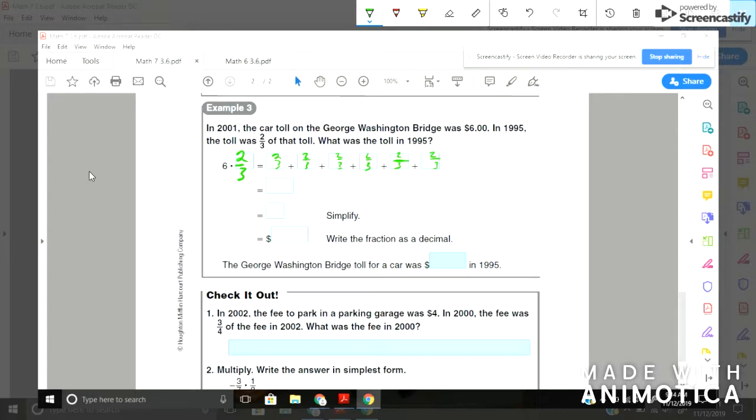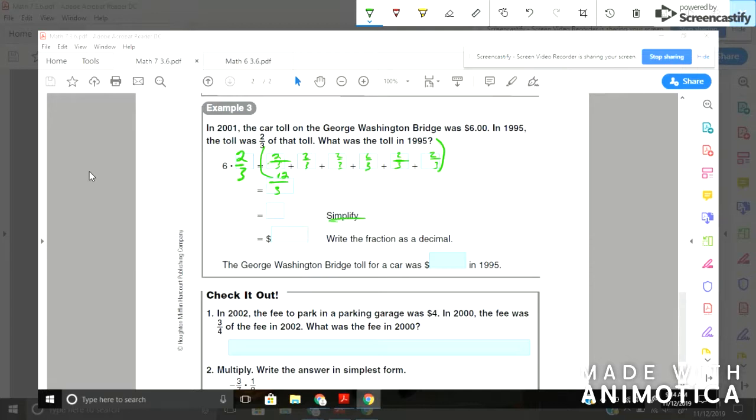It's 2/3 6 times. If we were to do it that way, remember when we add fractions, we need a common denominator. Well, we have a common denominator of 3, and then we just add our top numbers. So 2 plus 2 is 4, plus 2 is 6, 8, 10, 12. So we get 12/3, and simplify that.